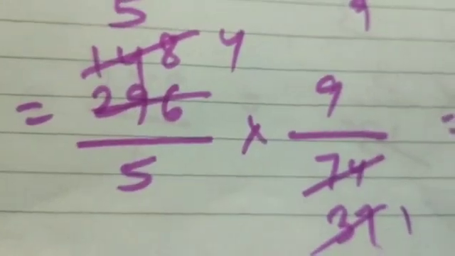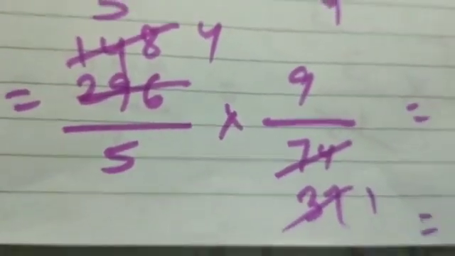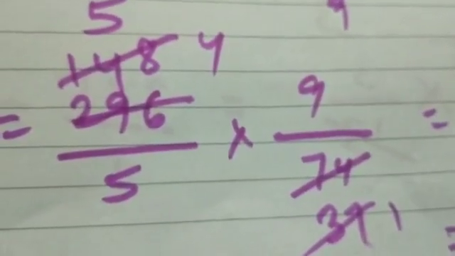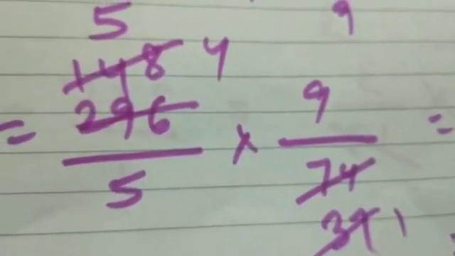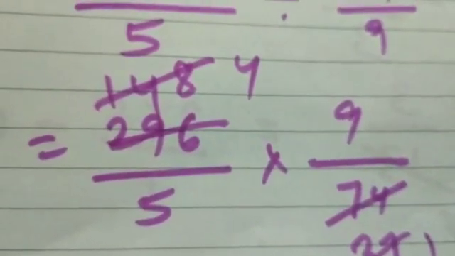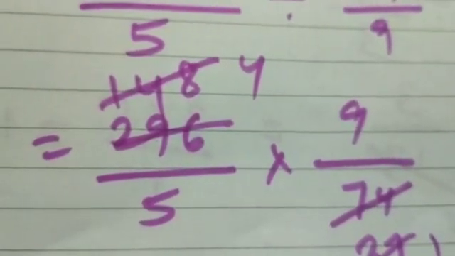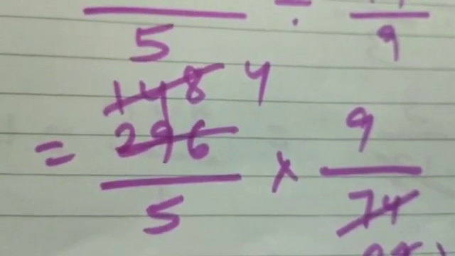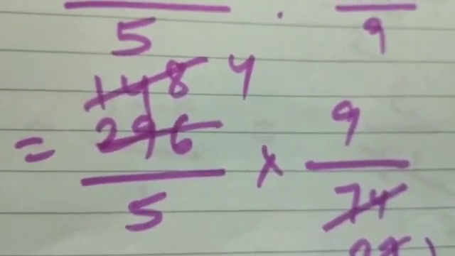So again we'll cross multiply. Now in the table of 37, 37 8s are 296 and 37 2s are 74.